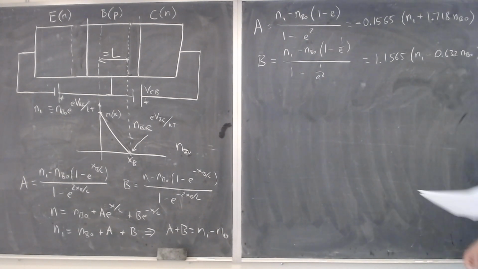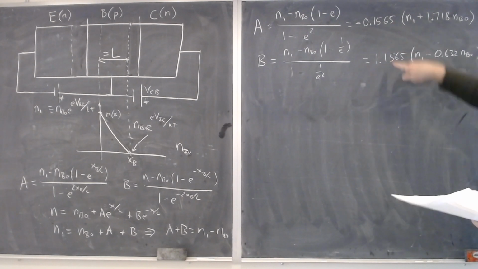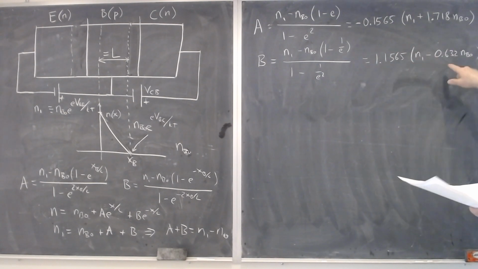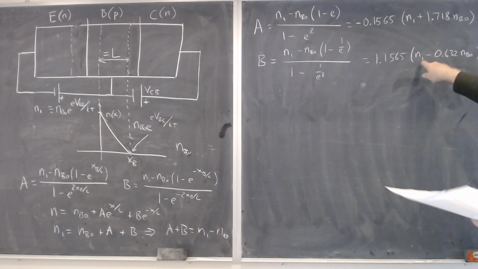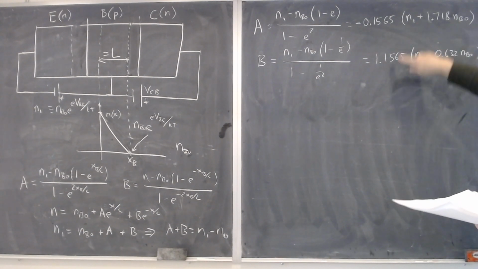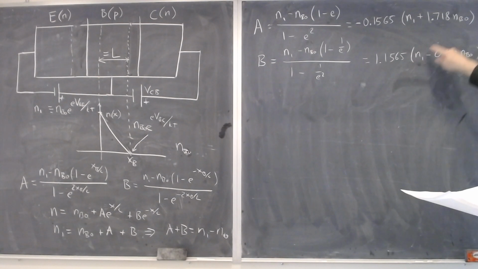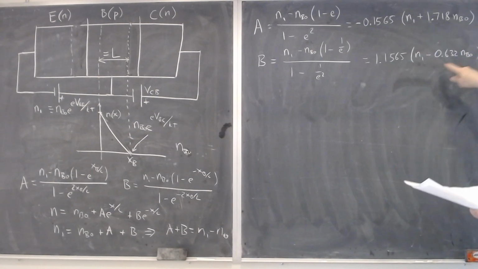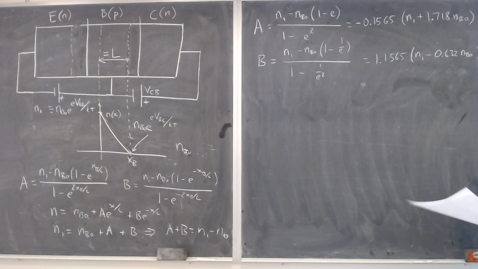And you see that things are working out, because A plus B is going to be N1. Well, you have to multiply those together, but you'll see that it's equal to minus NB0, and so the solution works.